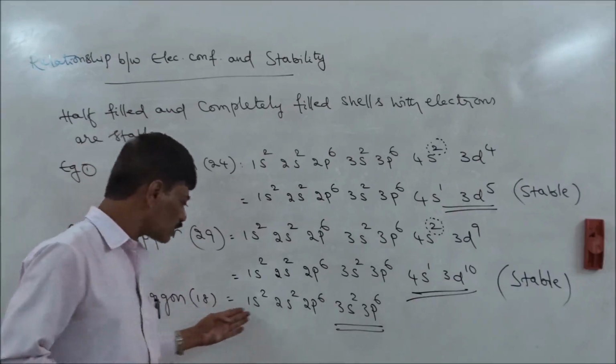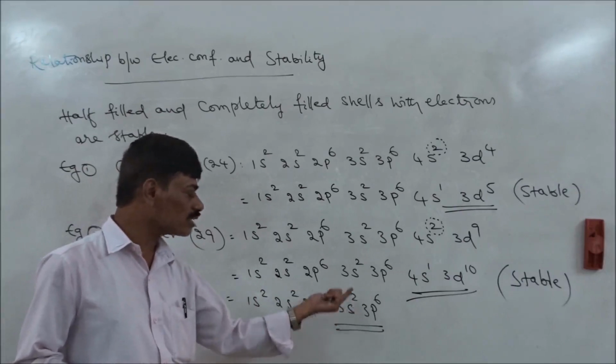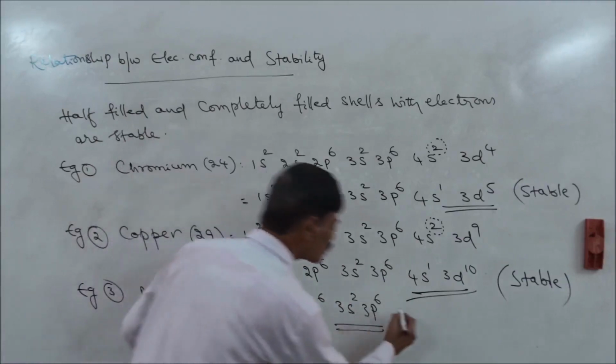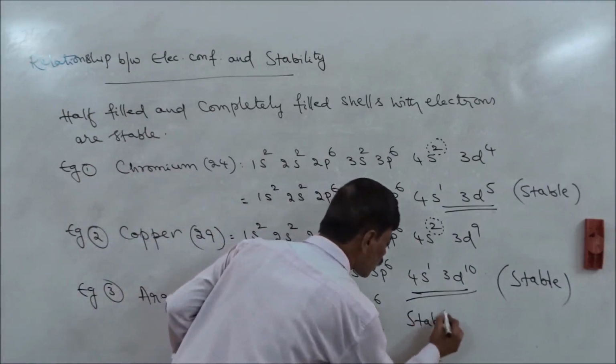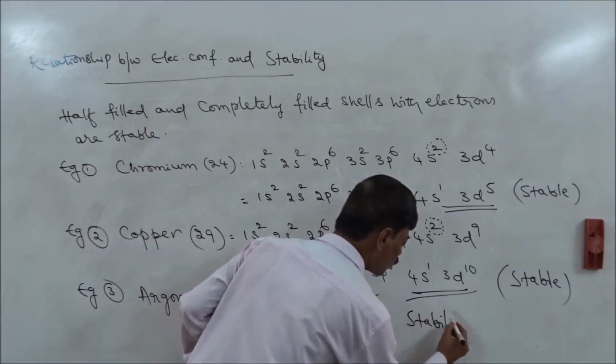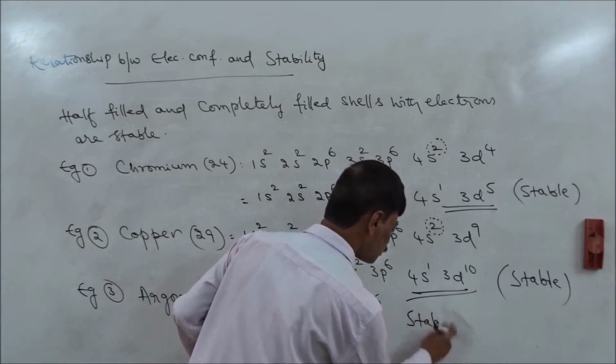This is the electronic configuration in the outermost shell, and this is equal to an octet, which is accountable for its stability because it is completely filled. So this is a stable element.